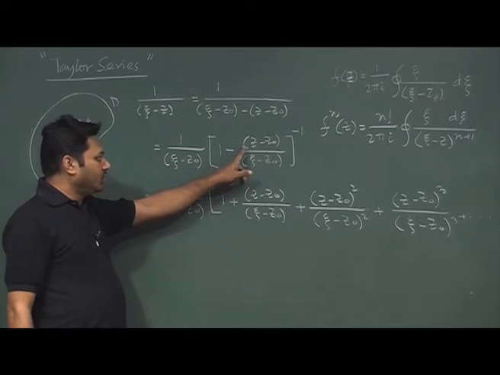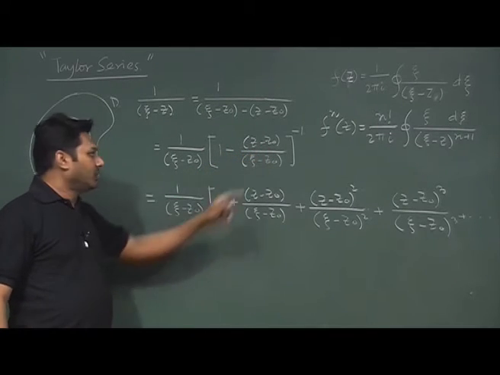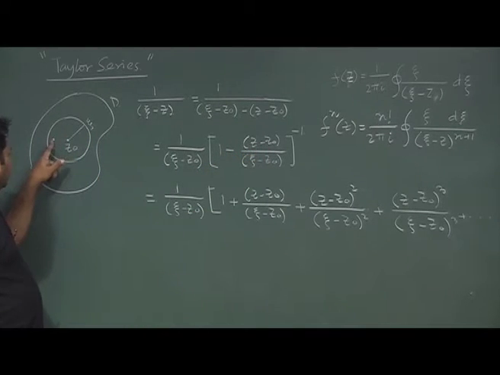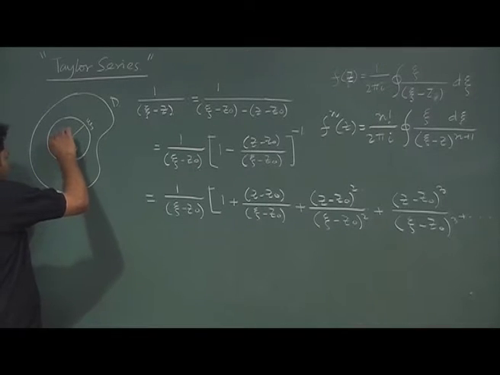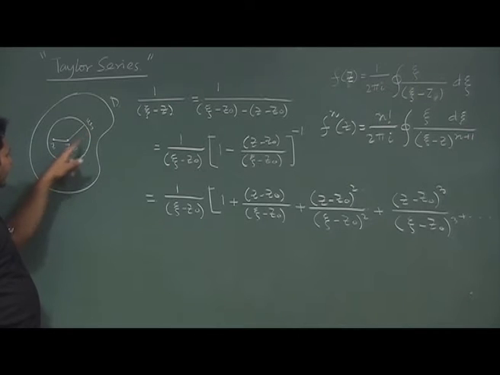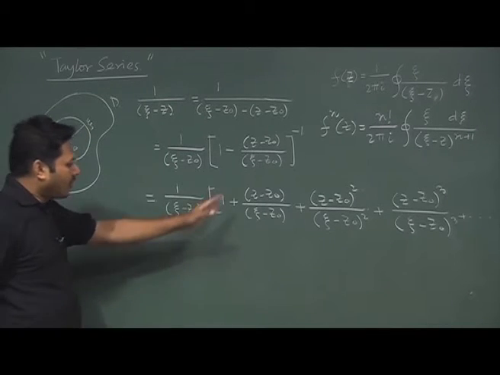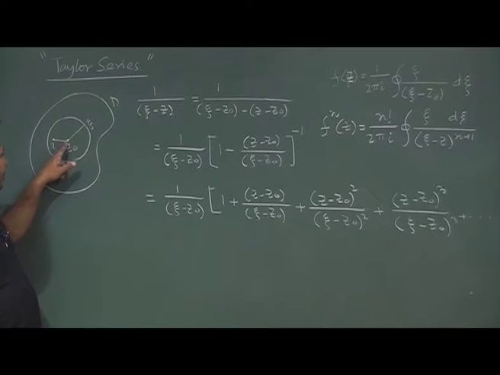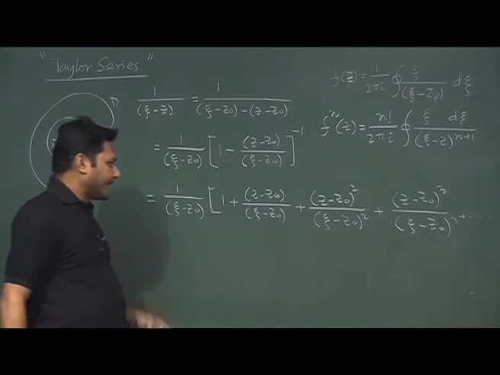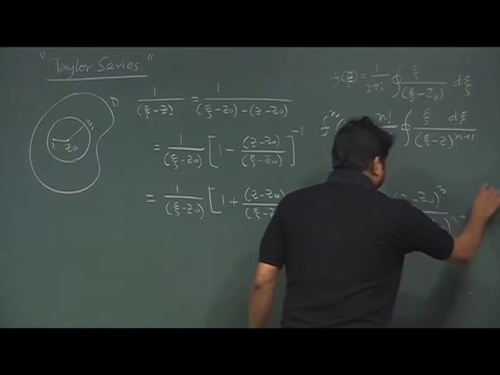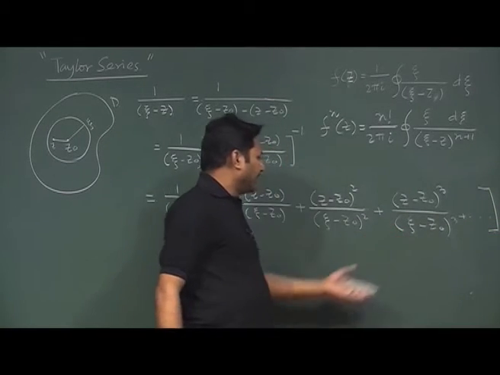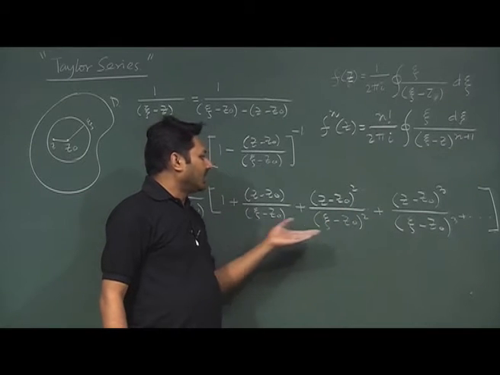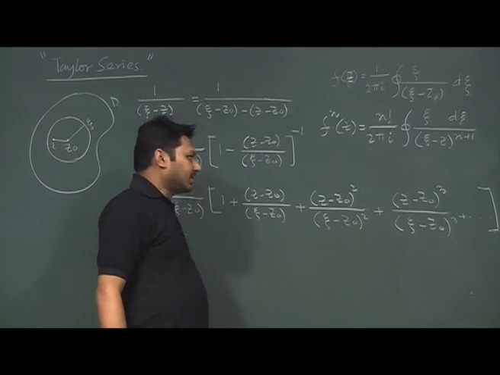Also, one thing we should note: z minus z0 is this and xi minus z0 is this. So z is inside. So |z minus z0| divided by |xi minus z0|, if I take the mod of that, it should be less than 1, because this quantity is less than this quantity. Then I have the ability to expand this as a power series.